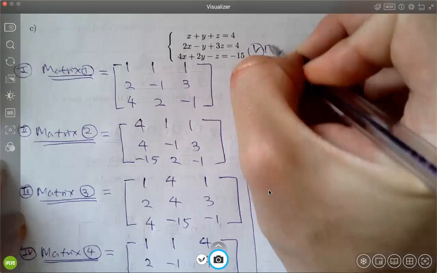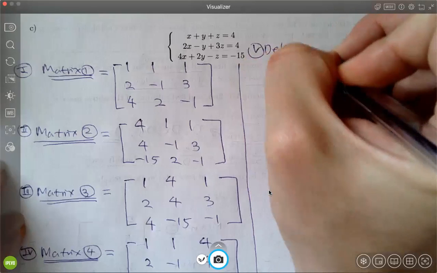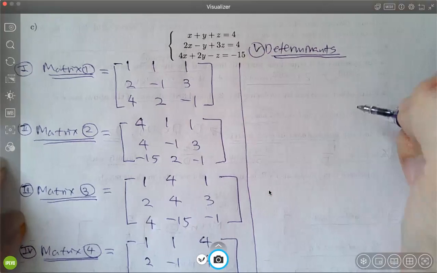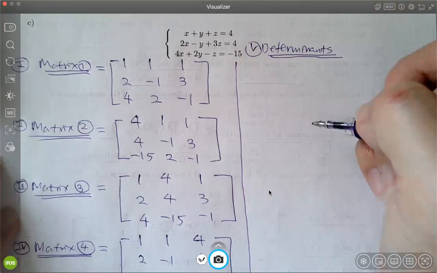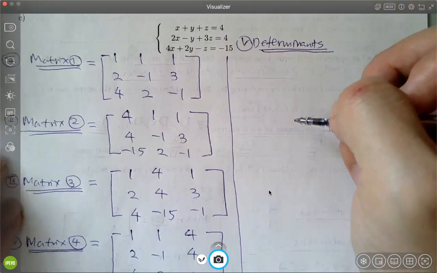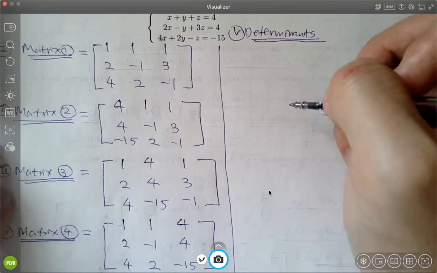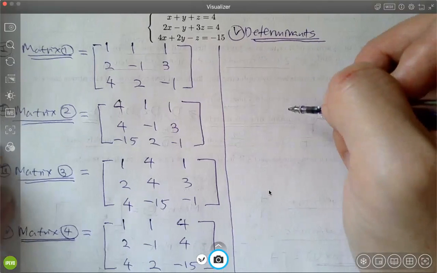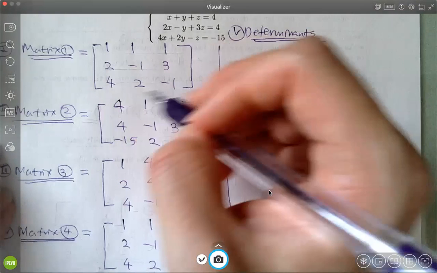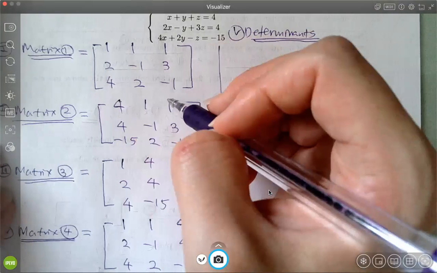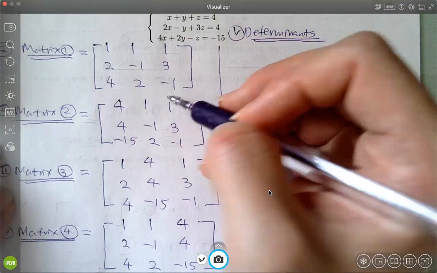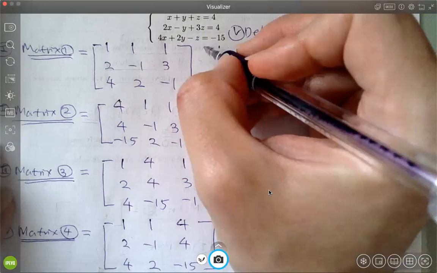Since we covered the scheme of finding the determinant of a 3 by 3 matrix yesterday, I'm not going to mention it here once again, but remember, for the 3 by 3 matrix, we first copy the first two columns and put them on the right side. So that means 1, 1, 2, -1, and 4, 2.